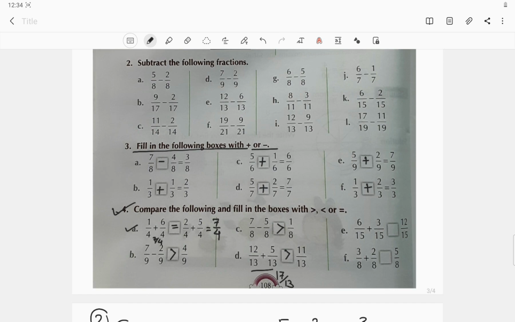Okay, the next part, 6 by 15 plus 3 by 15. So 6 plus 3 means 9 by 15, and it is given 12 by 15. So 9 by 15 is obviously less than 12 by 15. So here it will be less than. And the next part, F number, this is your task, and please check it will be equal.